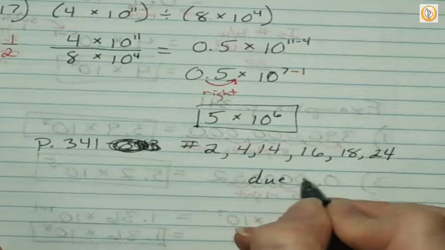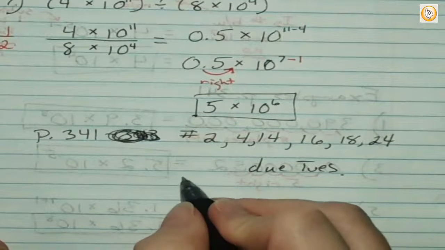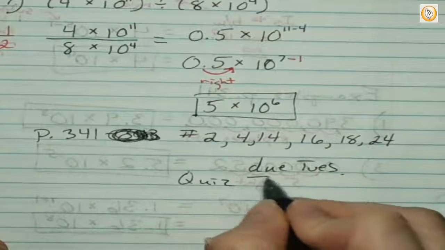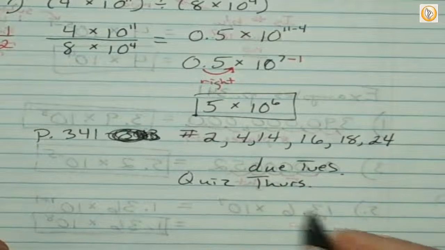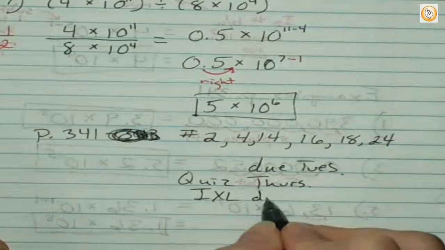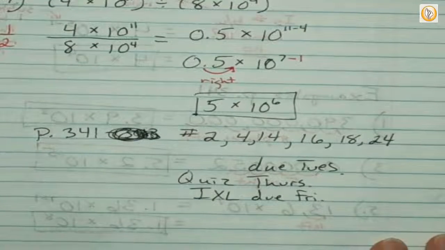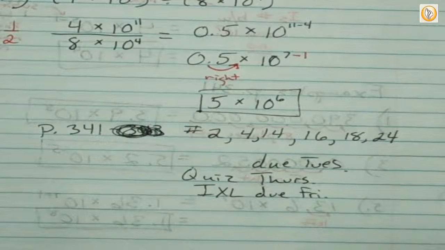That's due Tuesday, because tomorrow we do adding and subtracting. If we do something wrong, that's a lot of points. But you could get it done. Quiz Thursday, IXL due, I said Friday, right? It's still due Friday.